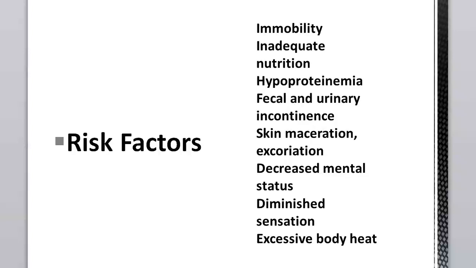Inactivity along with inadequate nutrition, when a patient has fecal or urinary incontinence, a decreased mental status, diminished sensation, excessive body heat, advanced age, and the presence of certain other chronic conditions. So, of course, these are all listed on this particular slide of the PowerPoint, okay?